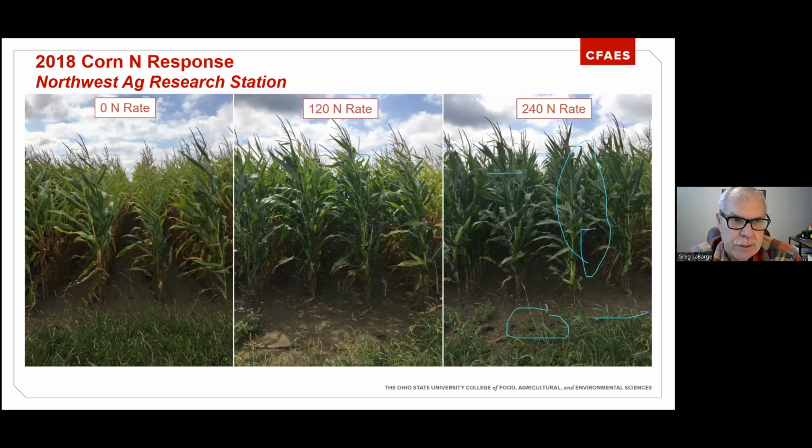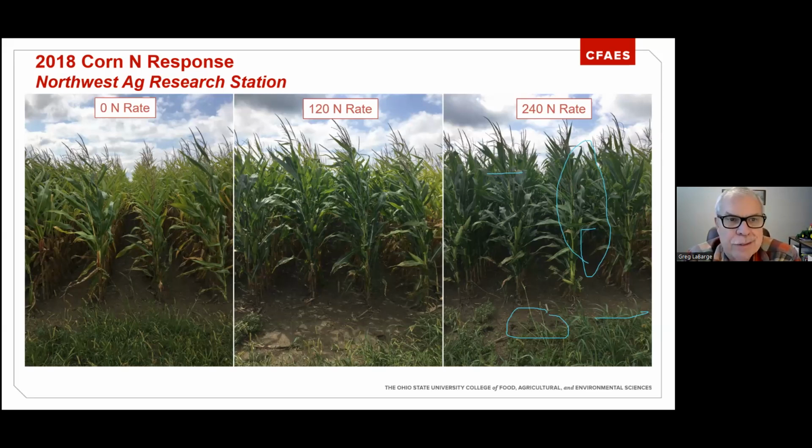You see 0 on the left-hand side, and you have a lot of firing of the lower leaves. You also have a canopy color that's not ideal, certainly yellow. We're working at the time of year with this photo in the R5 stage. So basically, we have taken up the nitrogen that the plant's going to utilize.